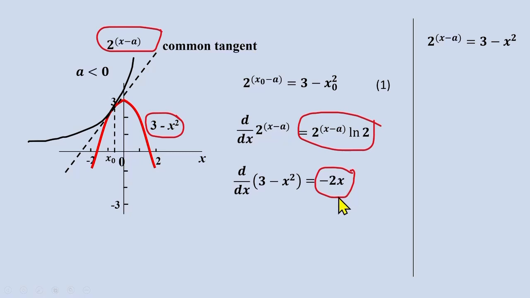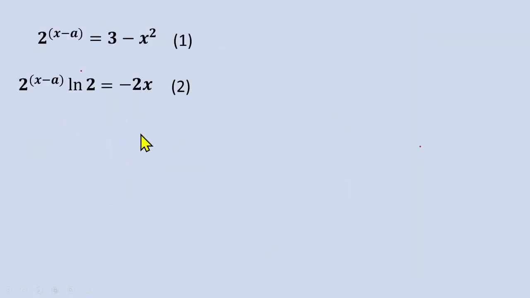So we can write the second equation for x0 and a. Solving these two equations, we will find both parameters. Now we consider this system and try to find x and a from this system. For simplicity, I don't write subscript 0 at x.